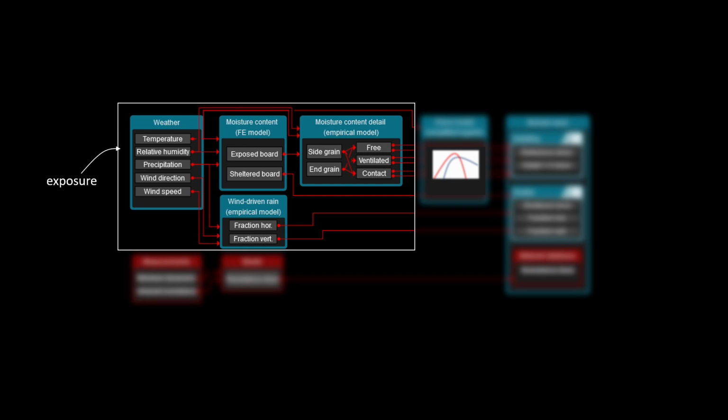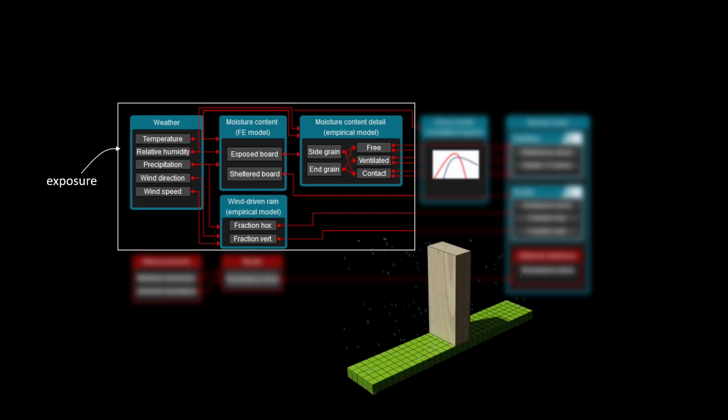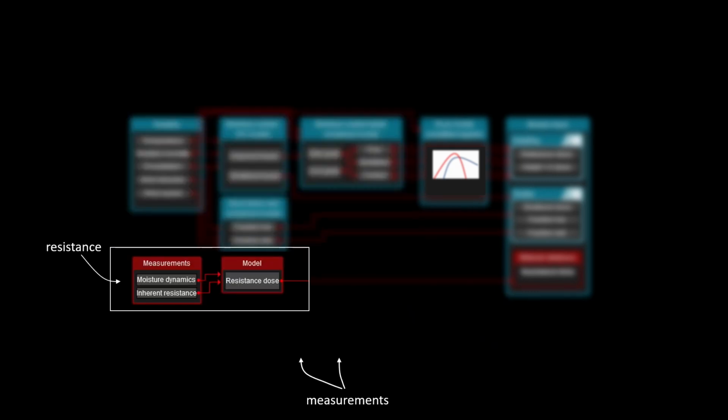So we have exposure on one side, which is all about modeling moisture. Here we're using a lot of finite element simulations, but in the application everything is pre-calculated because it's quite time consuming. On the other side of the equation we have the resistance, which is all about the material, so how many doses or how much exposure the specific material, like a species or a treatment, can take before it progresses into severe decay.